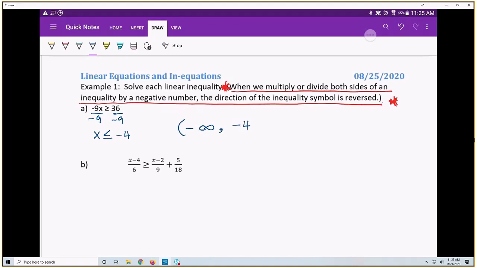I have a parenthesis for negative infinity. And I just have to ask myself, am I including or not including 4? I'm also going to draw my number line just to help me figure it out. Here's negative 4. All of the numbers smaller than negative 4, so everything on down to negative infinity. It says less than or equal to negative 4, so that means I get to include negative 4.